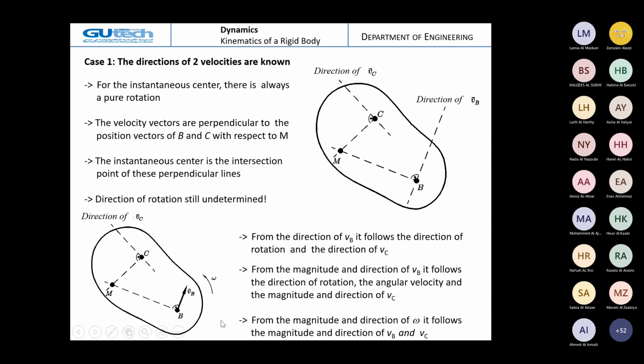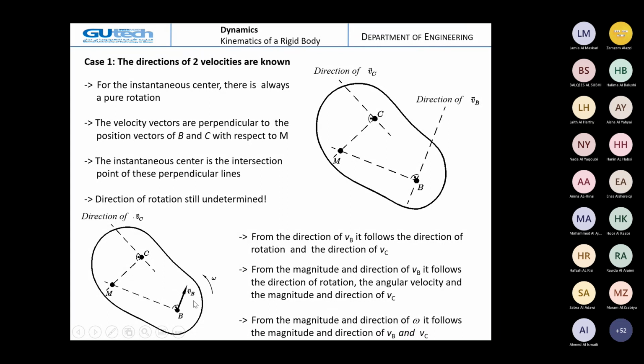Now, from the direction of Vb, it follows the direction of rotation and the direction of Vc. From the magnitude and direction of Vb, it follows the direction of rotation, the angular velocity, and the magnitude and direction of Vc.